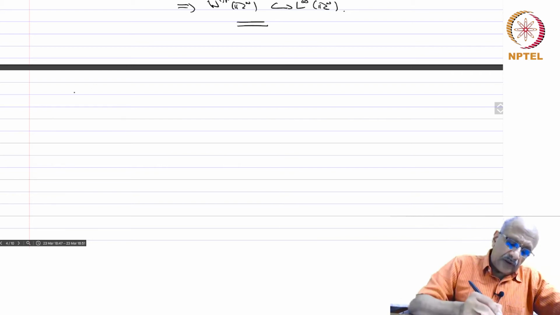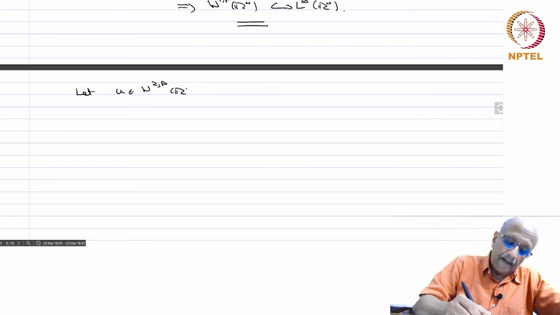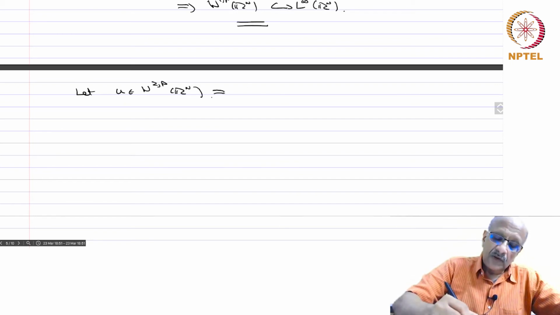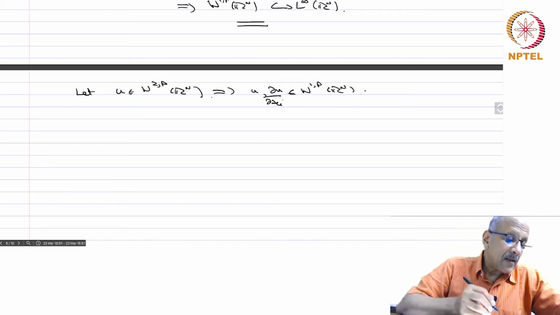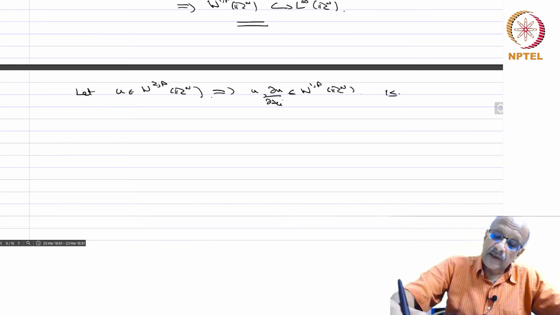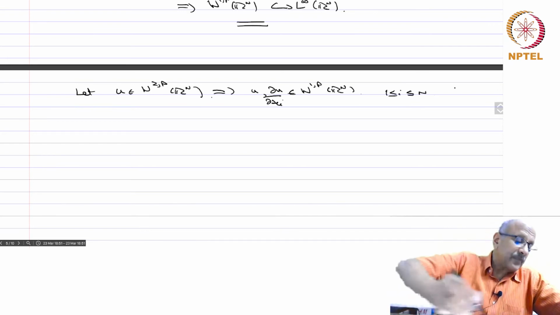So now you consider, let u belong to W^{2,p}(Rn). So this implies that u and du/dx_i belong to W^{1,p}(Rn), 1 less than or equal to i less than or equal to n.